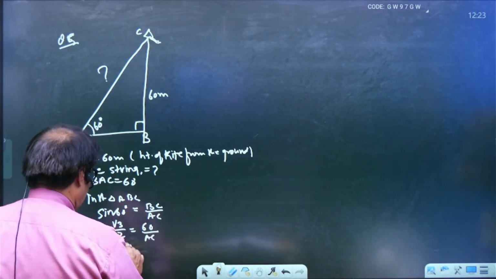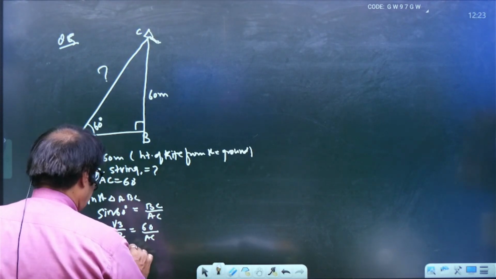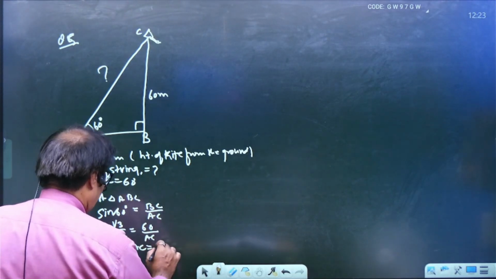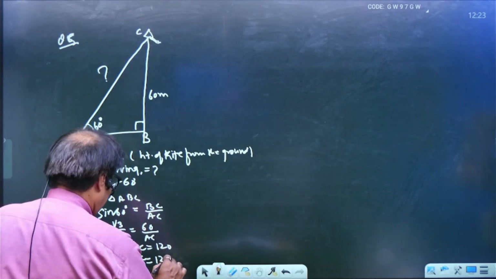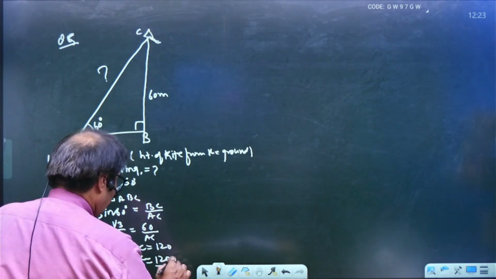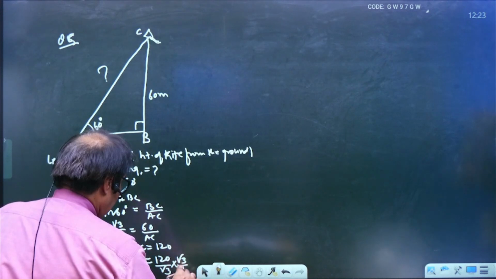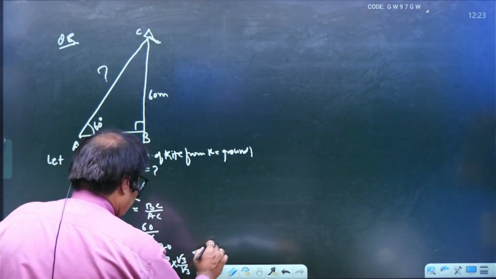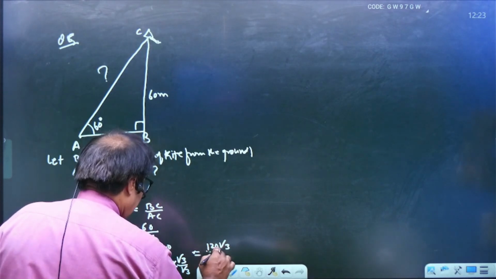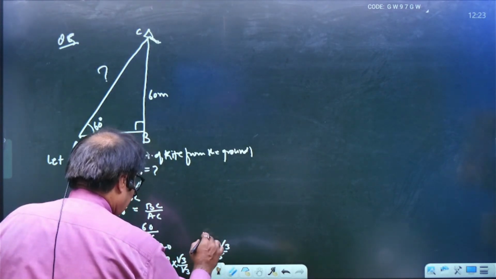So by the cross multiplication, root 3 into AC is equals to 120. So AC is equals to 120 divided by root 3, and now rationalize it. So after the rationalization, this is 120 root 3 divided by 3, and now this is cancel out.